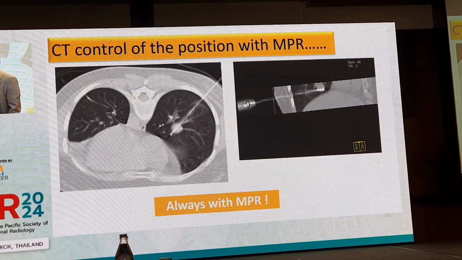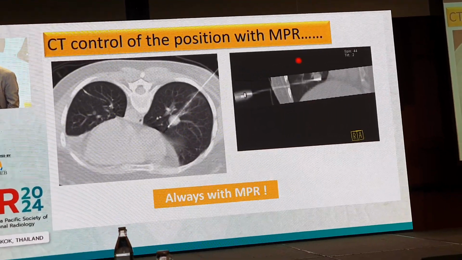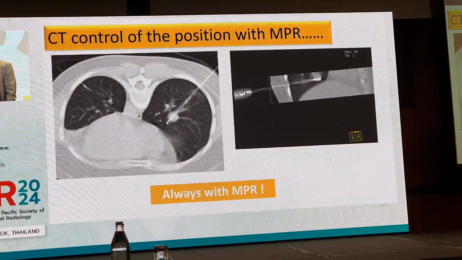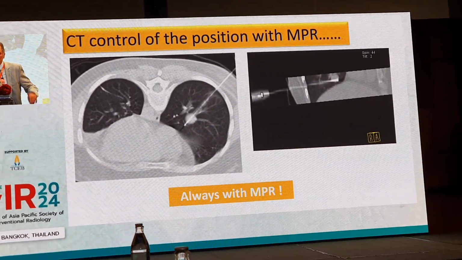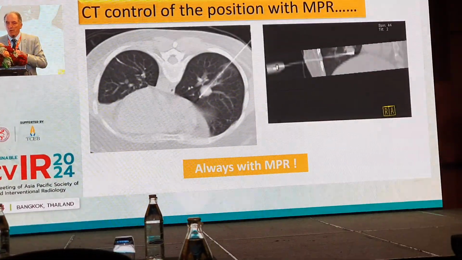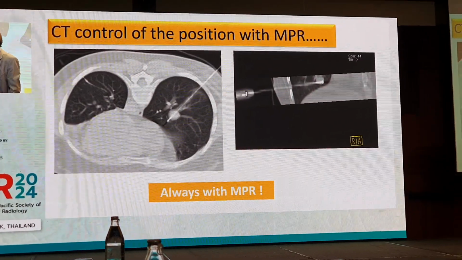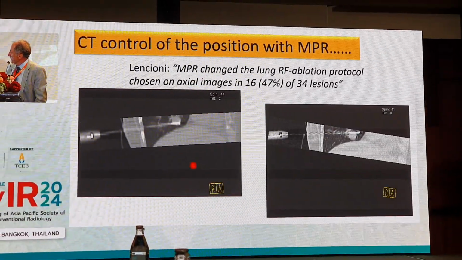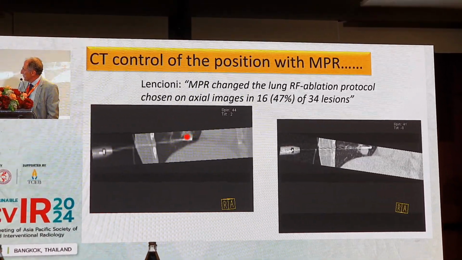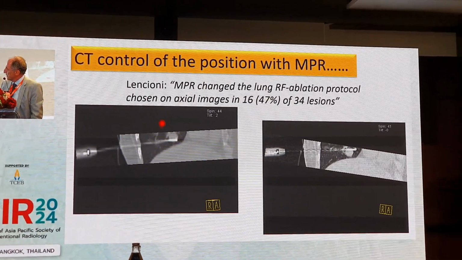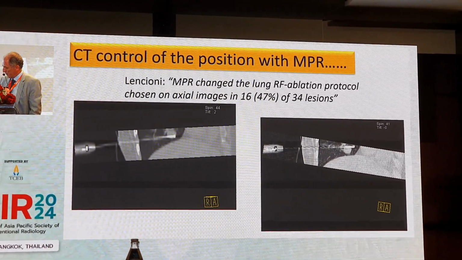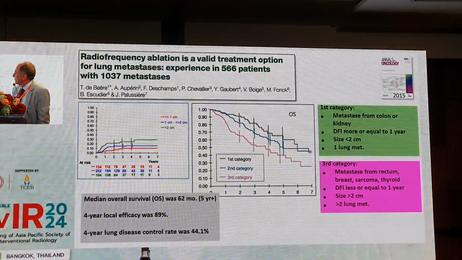You perform ablation in this position, and you remove and you perform a second ablation at the top, just to be sure that you have the ground glass all around the tumor, or you move from this position to another, more central position. And with microwave, you are able to treat this small metastasis with one ablation.